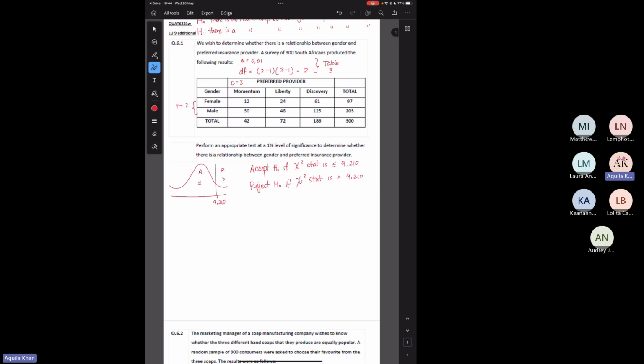And that's it. You basically wrote down in words what the diagram showed you. Okay, so you have your region of acceptance and rejection.